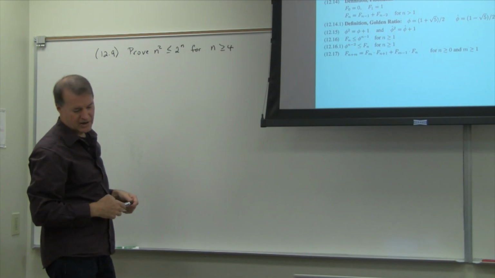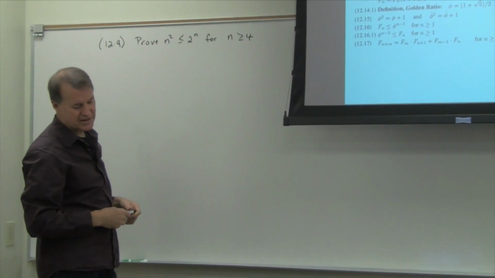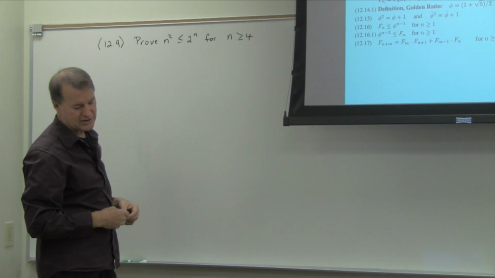Yep. All right, and then you can use the inductive hypothesis, and so you can say that's less than what? What did you get? I have 2 to the n plus 2n plus 1. Yeah.